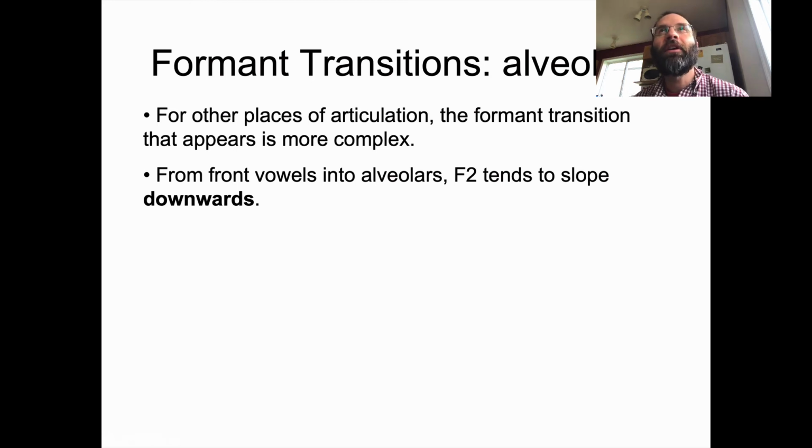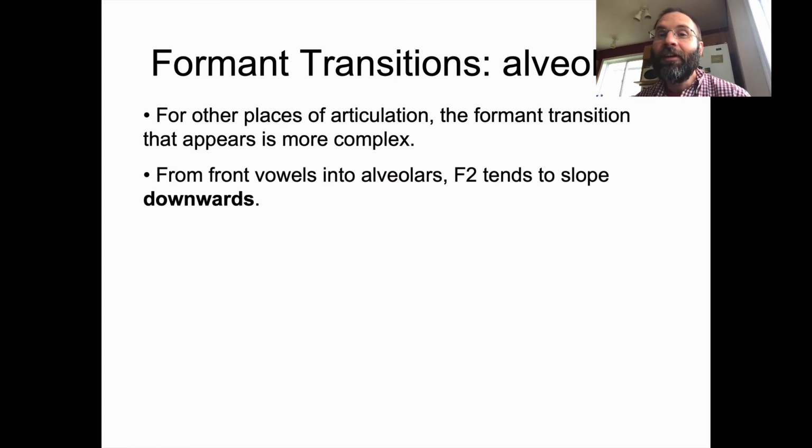You might recall that we have a velocity antinode for F1 at the lips, and a velocity antinode for F2 at the lips, and we have a velocity node for F2 at the palate, right? So if we constrict at an antinode, the formant frequency should go down. If we constrict at a node, the formant frequency should go up.